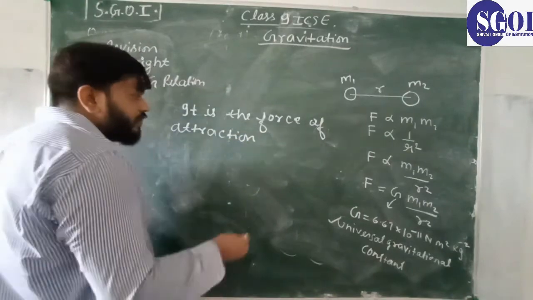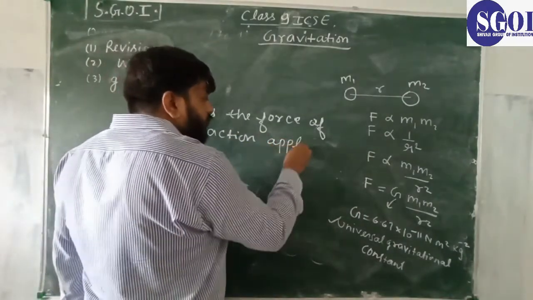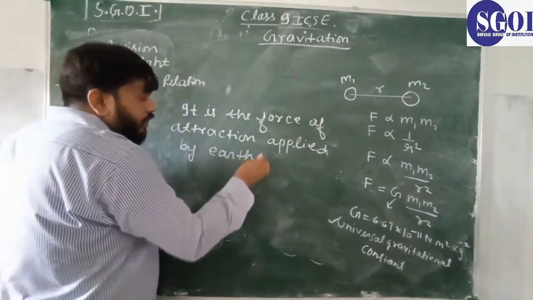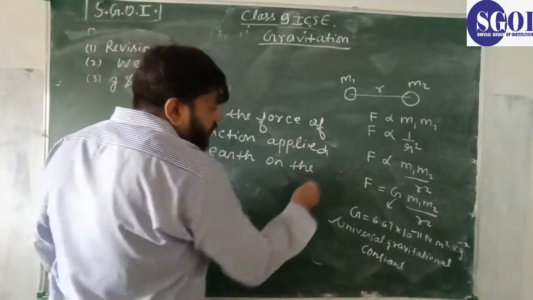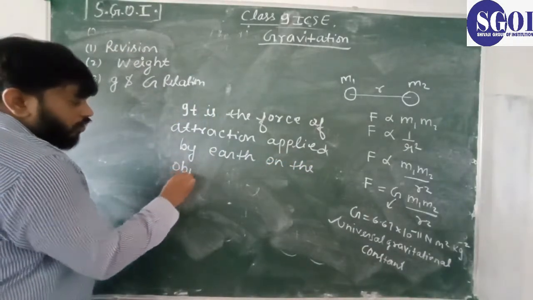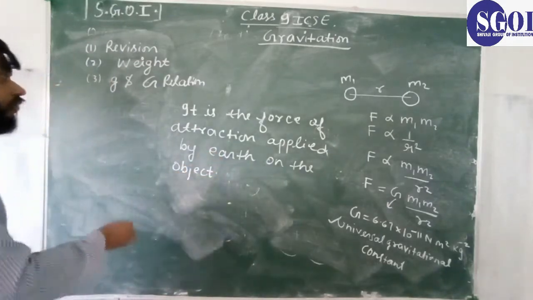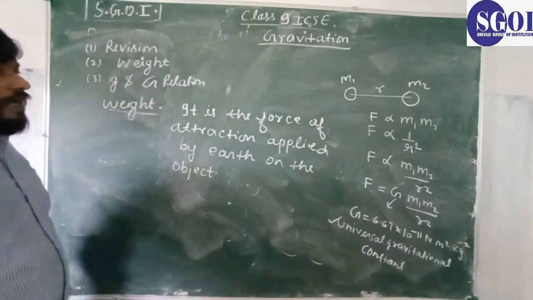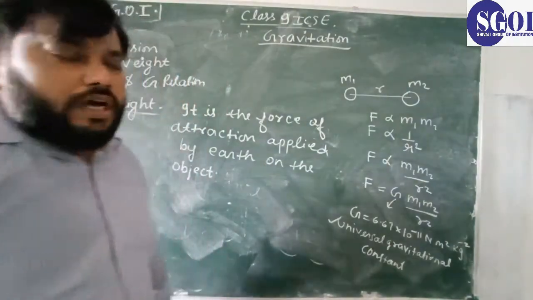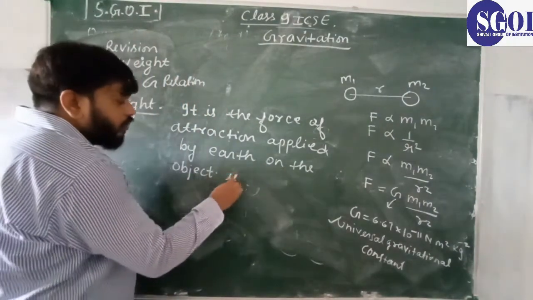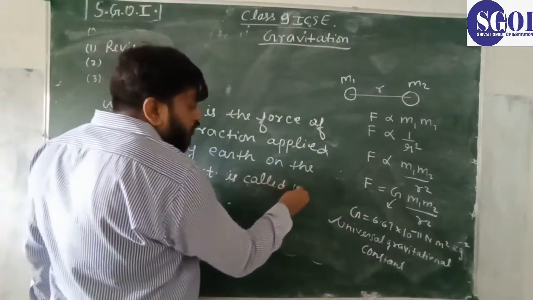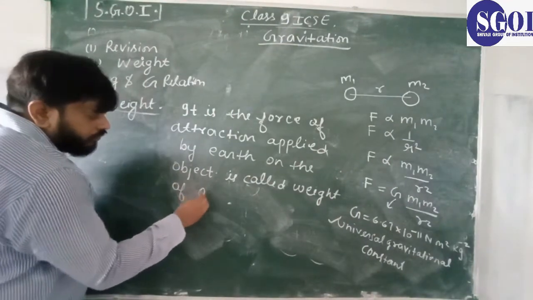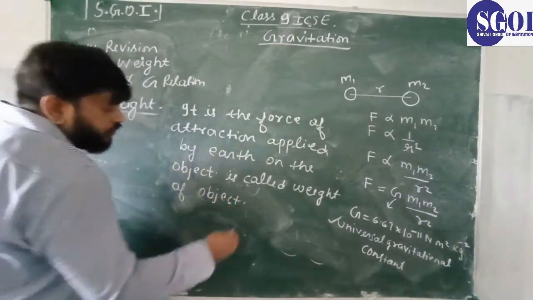So the definition of weight: weight is the force of attraction applied by the earth on the object, and it is called the weight of the object.